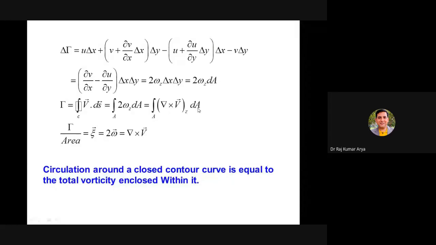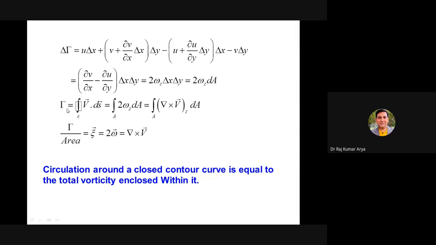If you want to find the circulation per unit area, the area will come in the denominator, and it is equal to just del cross v, which is your vorticity or two times the angular velocity. So it is fine how to calculate it. That way you can calculate how much fluid will move in that particular area along that particular path per unit area.